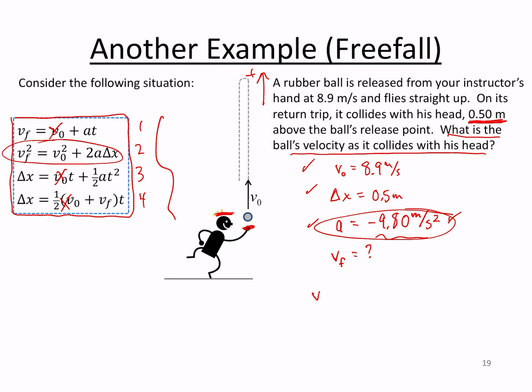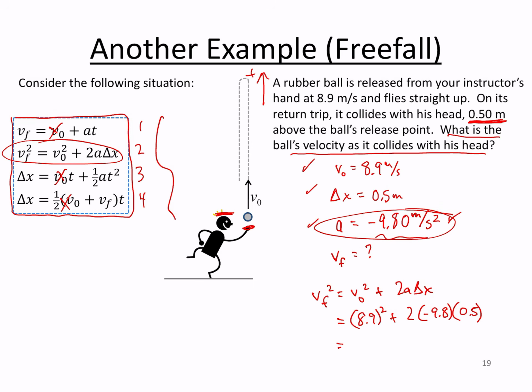All right, so I'll sketch out the result here. We have this equation of motion. We put in our initial velocity of 8.9 meters per second. We put in our gravitational acceleration, and we put in our 0.5 meters for delta x positive. When we punch all of that in, we will get a rather large number.